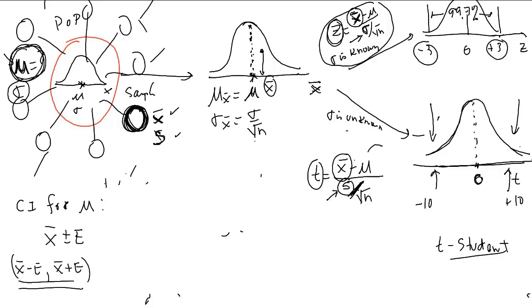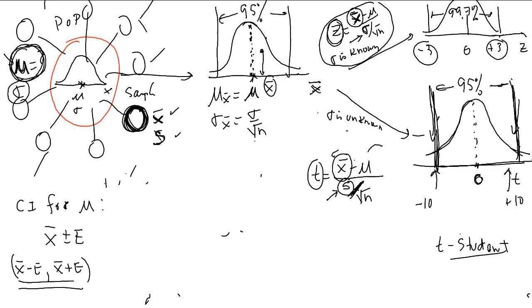Look at this. In this distribution, we are going to use the same concept of confidence level. Suppose that this is a 95% confidence level, and this is equivalent in that distribution to this 95% confidence level. And the maximum error here is given by this distance, and it is this value, the t-score for one sample located here. This t-score is t alpha half, and this is negative t alpha half.